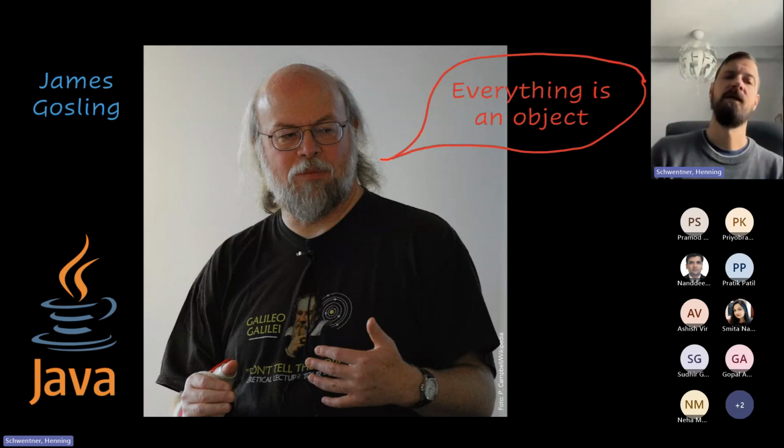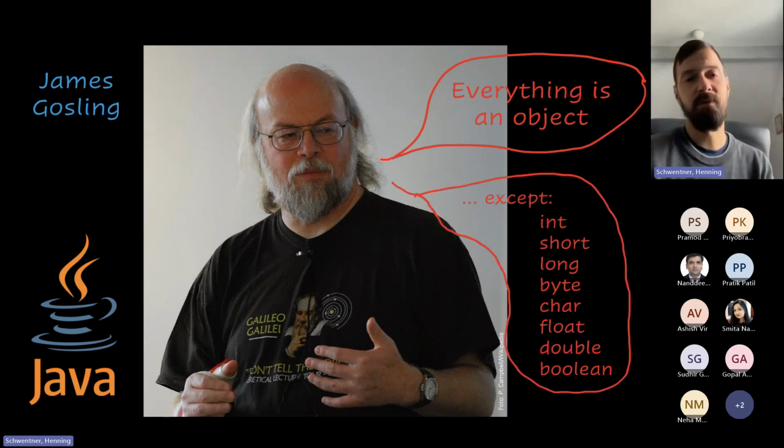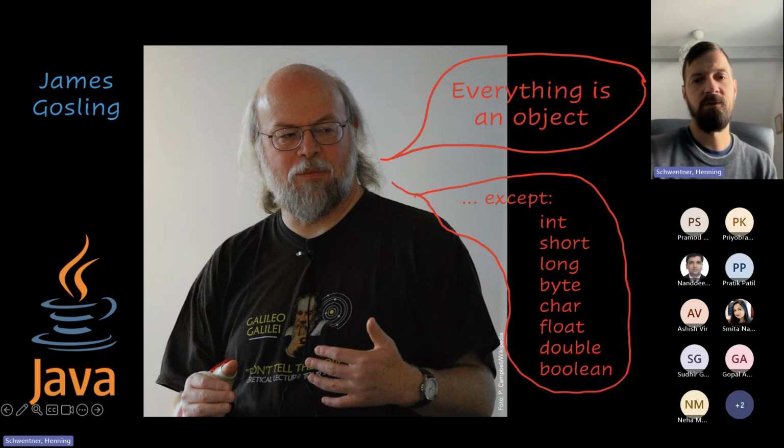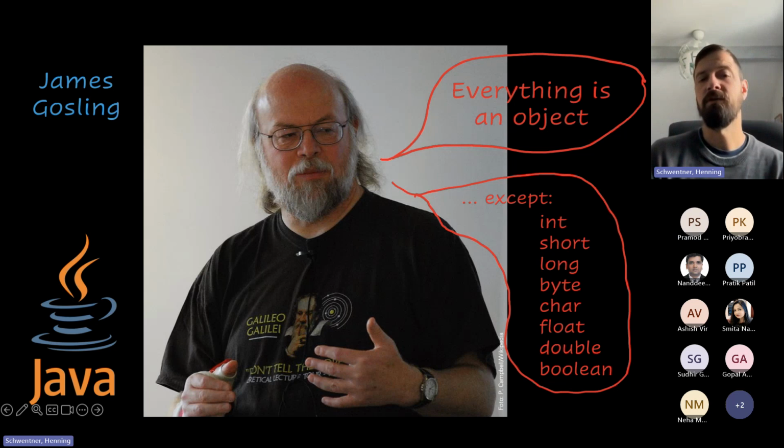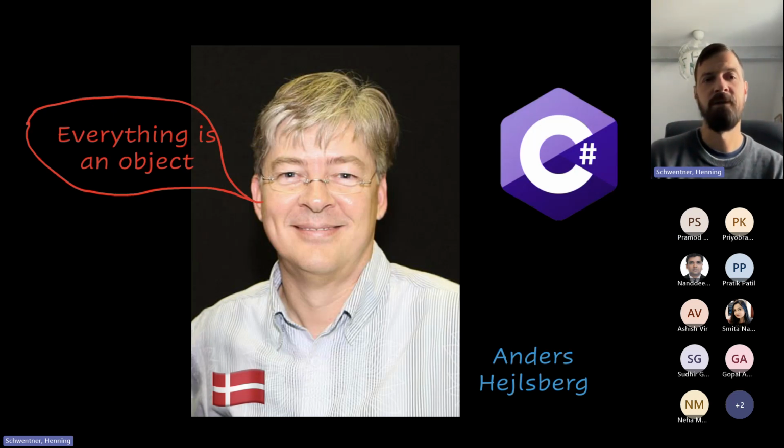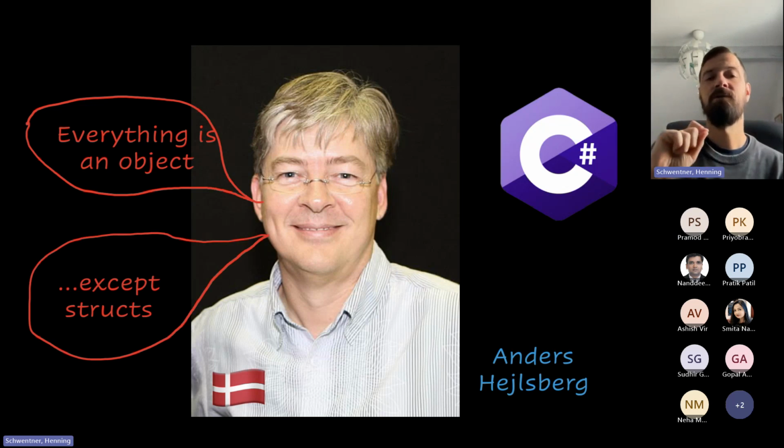So I said, James Gosling, when he was designing Java, said everything is an object. Yeah, that's right. But everything is an object except the primitive types: short, long, byte, char, float, double, and boolean. And the same, or maybe not the same, but something similar is true for C# and the .NET platform in general. Anders Hejlsberg said everything is an object except structs.